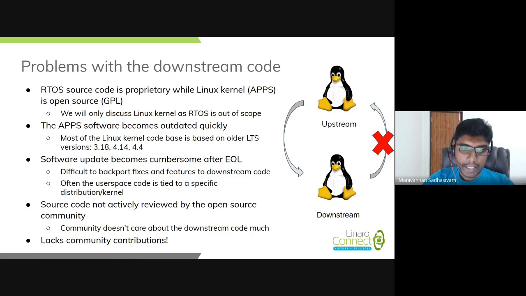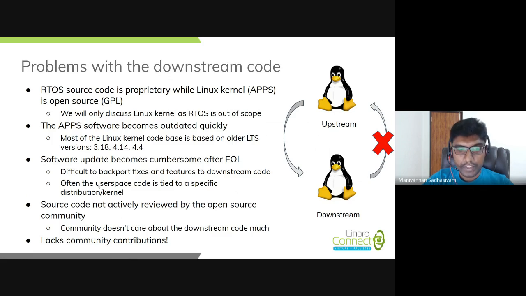And if you take any modem available in the market, it will be running an older LTS version, such as 3.18, 4.14, and 4.4. And once the device enters the end of life period, it becomes very difficult to update because the backporting of the fixes and features to the downstream code is complex.